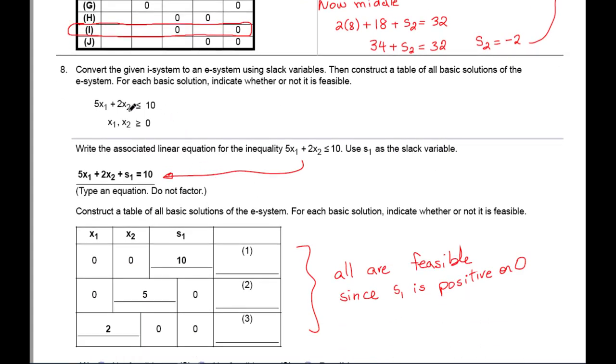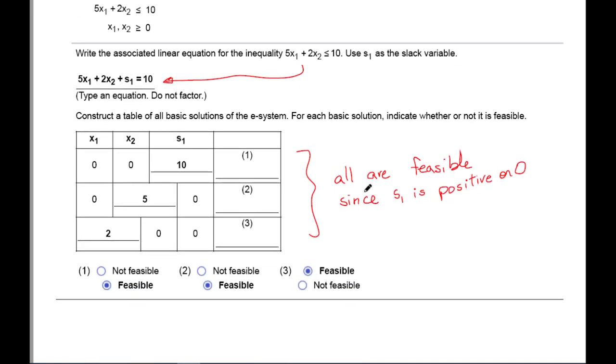In question 8, again, they just want us to put in the slack variable. And then we want to figure out all the basic ideas. So if this is 0, 0, what's S1? Right, so 0, 0, S1 is 10.